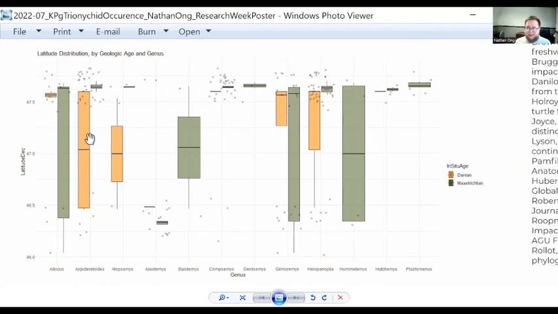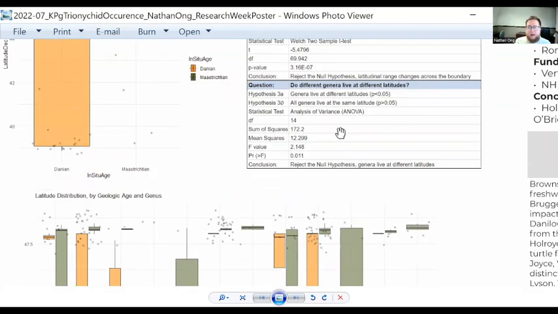So to me, what that says is that even once you take out your taphonomic differences, you still have a pretty significant signal in terms of your latitude distribution going down and becoming more variable.